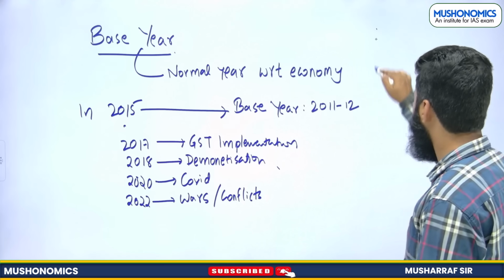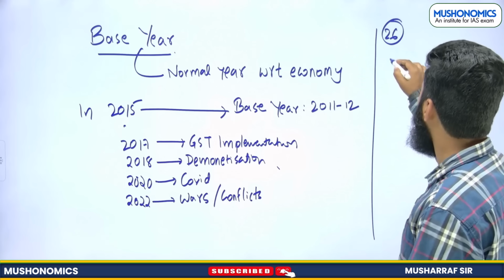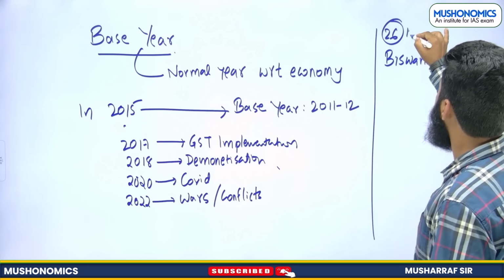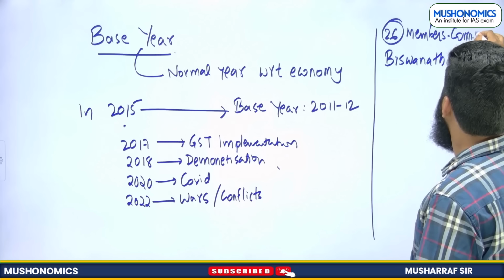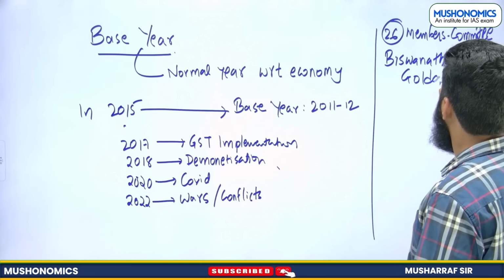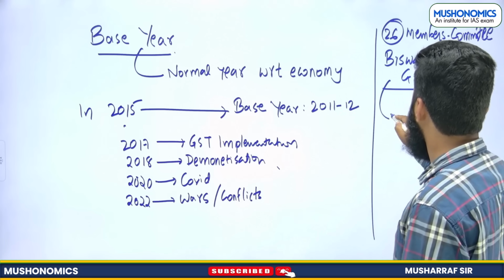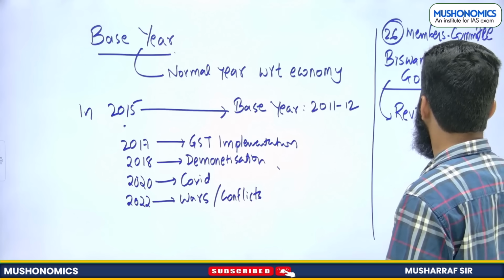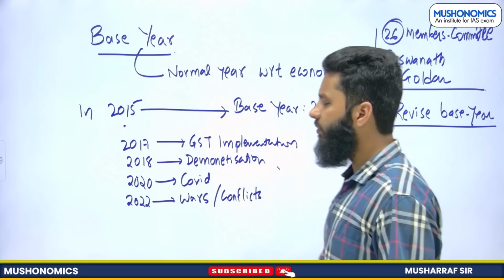Now a 26-member committee under Biswanath Goldar was formed, and they were given the task to revise the base year for GDP calculation.